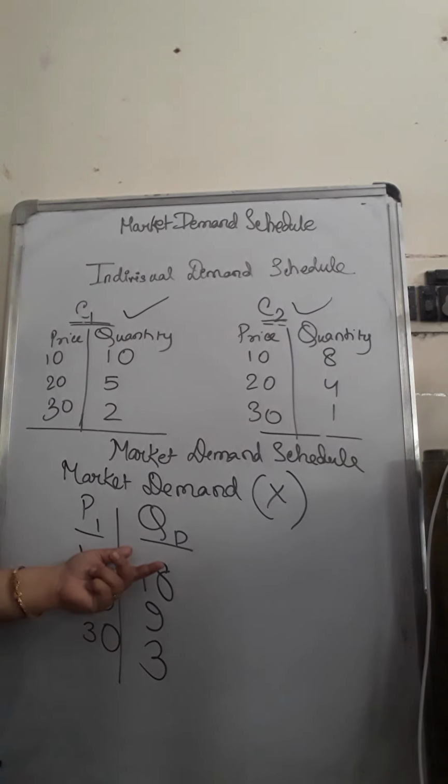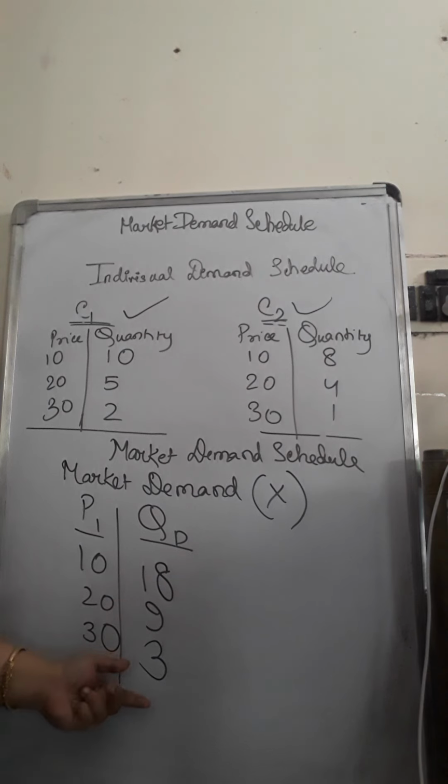What is the quantity demanded at different prices? 18, 9, 3. So these are the different quantities demanded at the market prices. And this is not individual demand, this is market demand, and for simplicity we have taken only two consumers who together constitute the market. So their demand only gives you market demand.